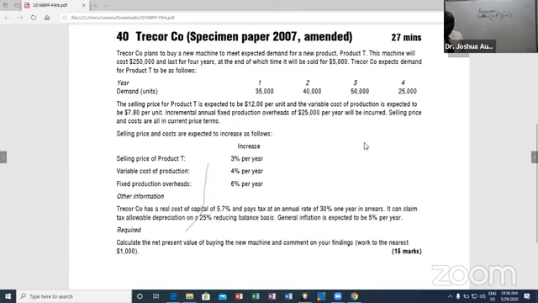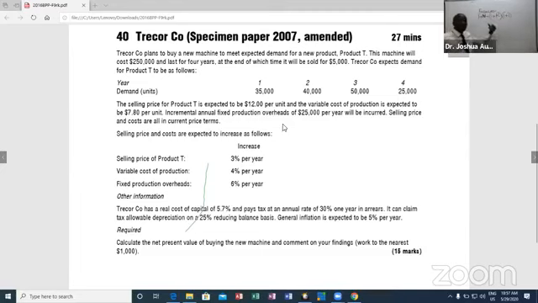We are told here the selling price and the costs are all in current terms. The selling price will increase by 3%, variable cost will increase by 4%, fixed production overheads will increase by 6%. Other information: Tracker Company has a real cost of capital of 5.7%.